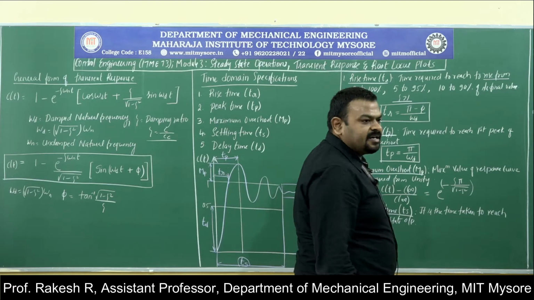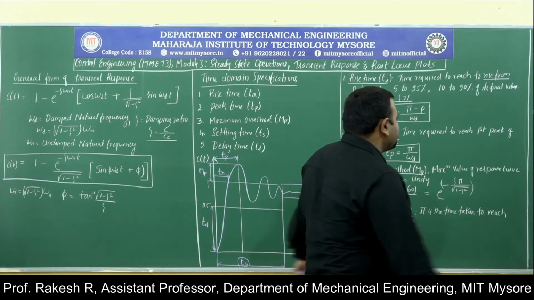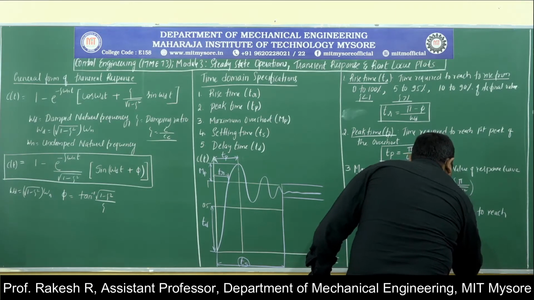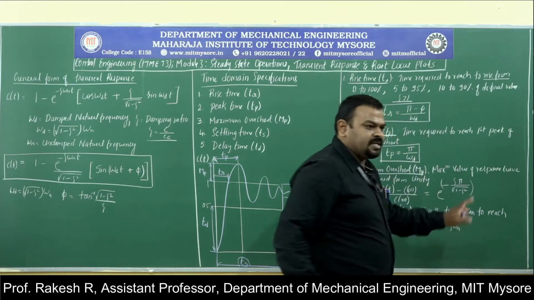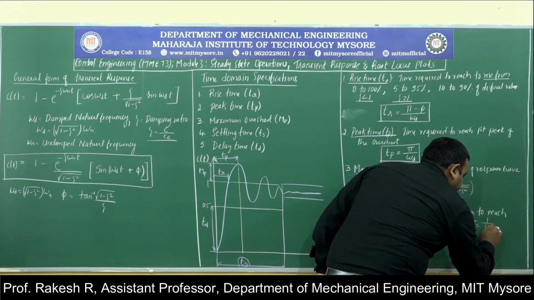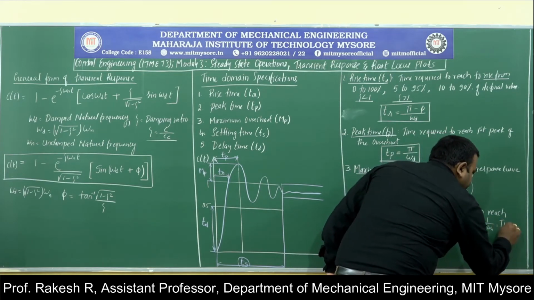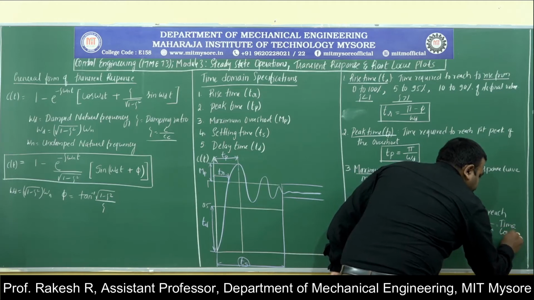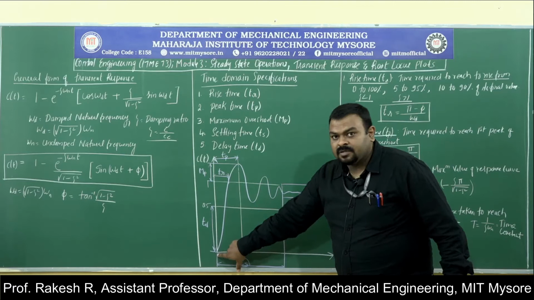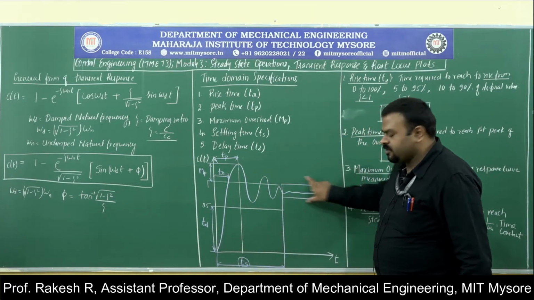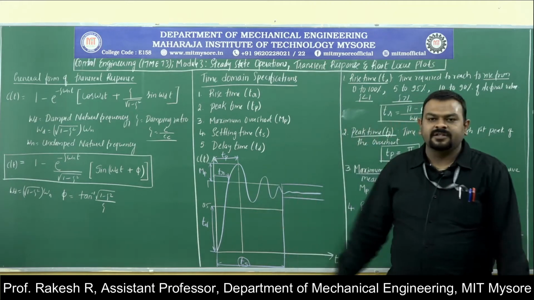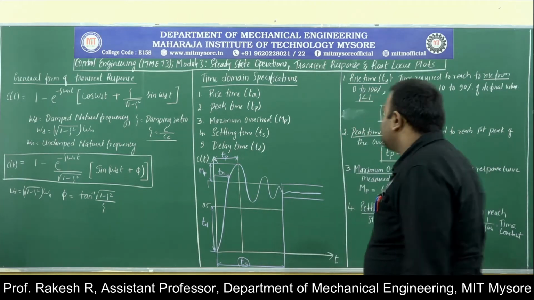Generally settling time will be 2%, 4%. Settling time will be calculated based on 4 by zeta omega n. This zeta omega n is nothing but the time constant. So this is the settling time. Here you are getting the steady state output. How much time it will take to reach the steady state output, that itself is the settling time.